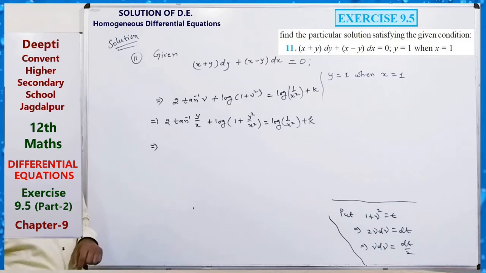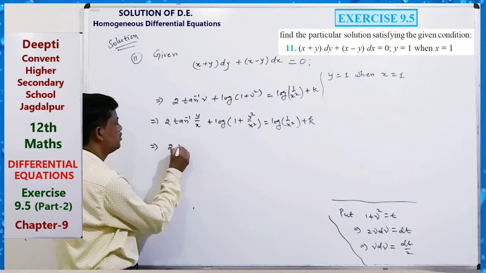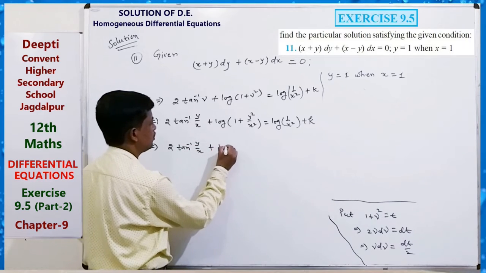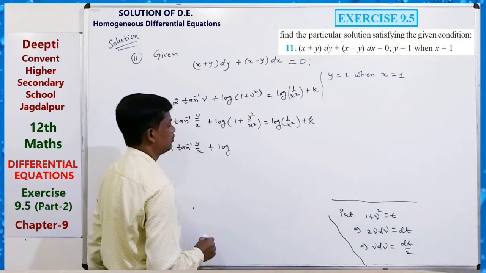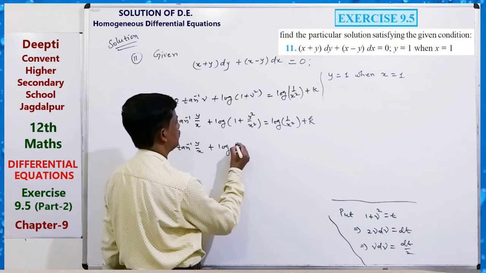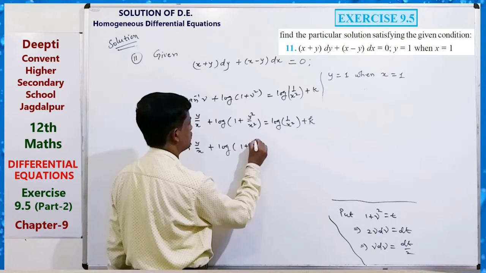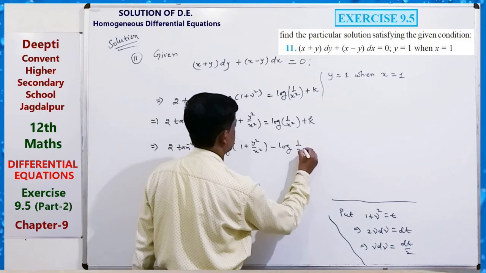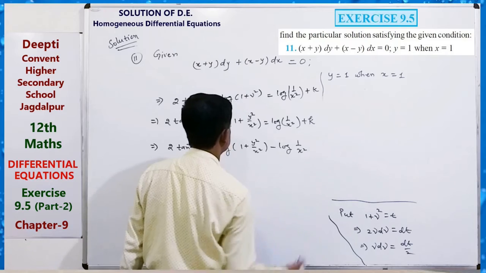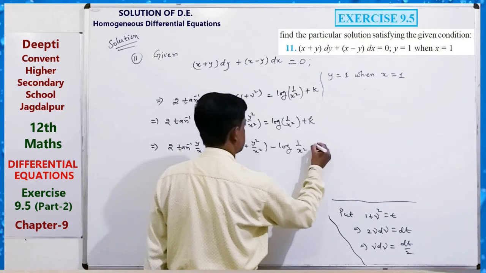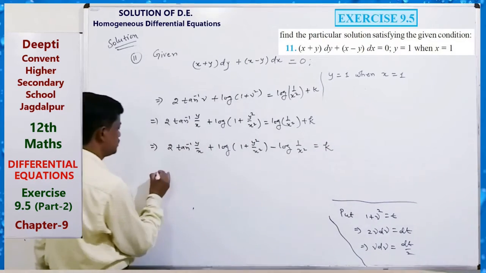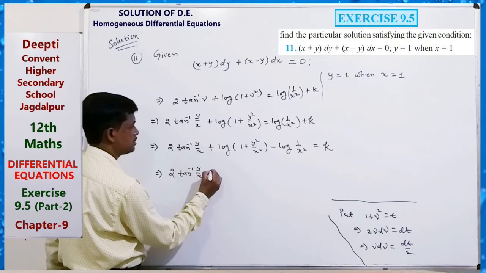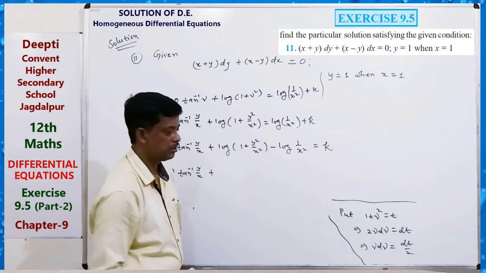Here we see that 2 of tan inverse y by x plus log of 1 plus y square upon x square minus log of 1 by x square equals to k. So 2 tan inverse y by x plus log a minus log b, log a by b.